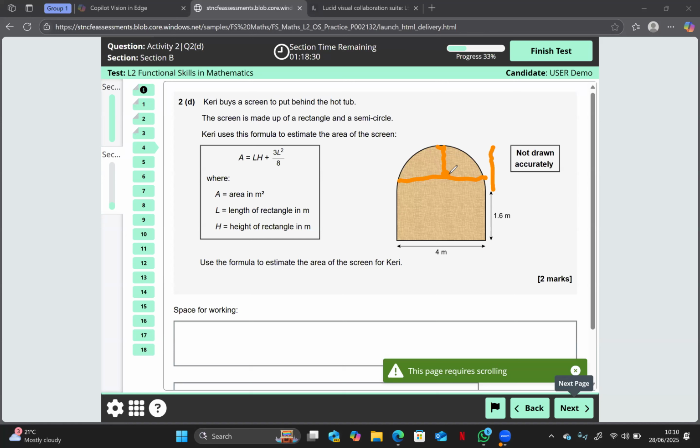And full height 1.6. Actually, wait, I don't need to work that out. Ignore me. All I need to do is substitute the values within. So the whole height is 1.6 and that is 4.